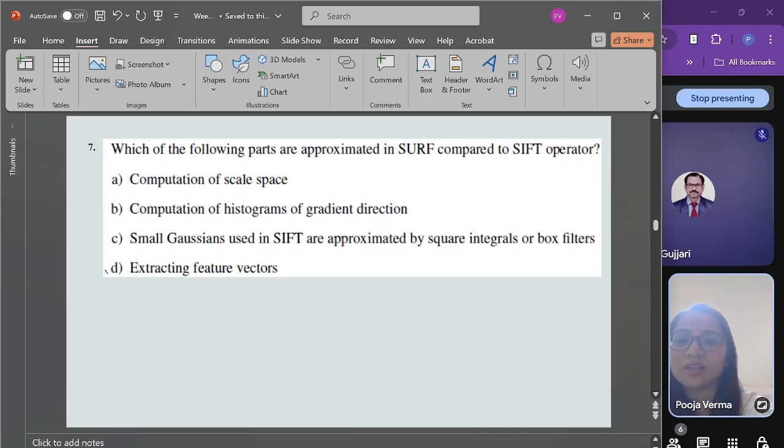That's why D is not a correct one. A, B, and C are exactly the correct options.